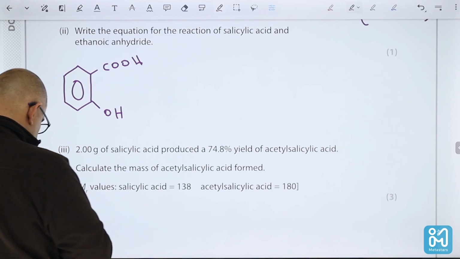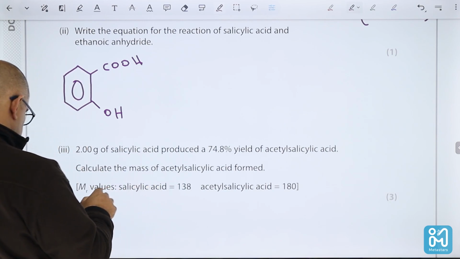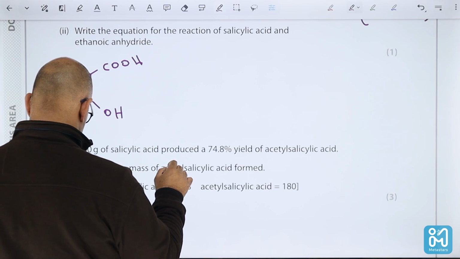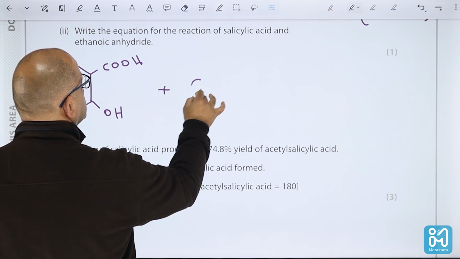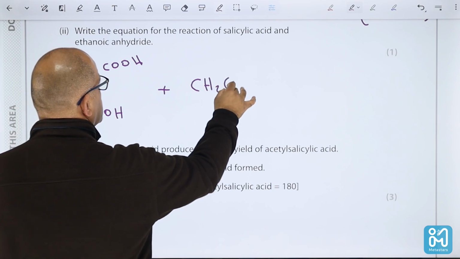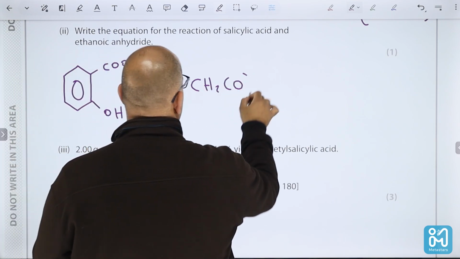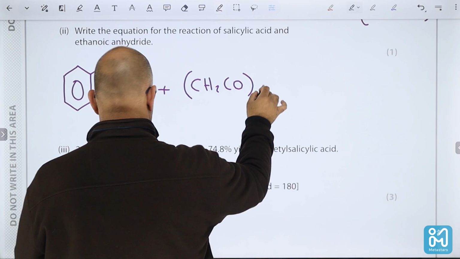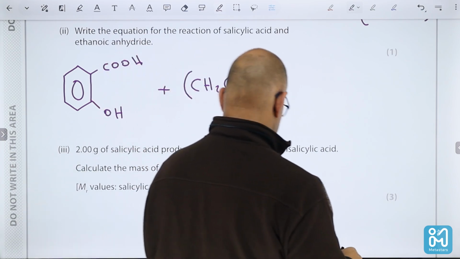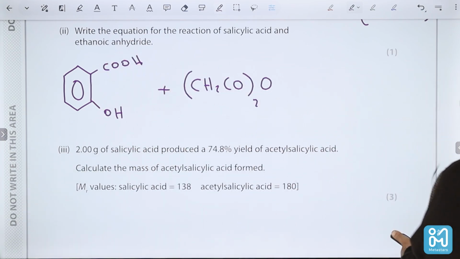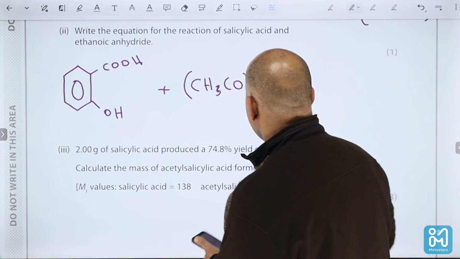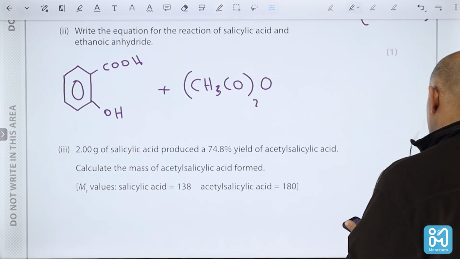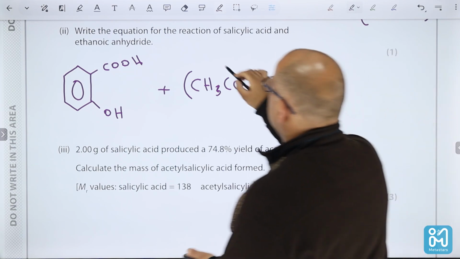anhydride, CH3, so it will be CH3 CO twice, (CH3CO)2O. So this is plus (CH3CO)2O, since the structure is like that.